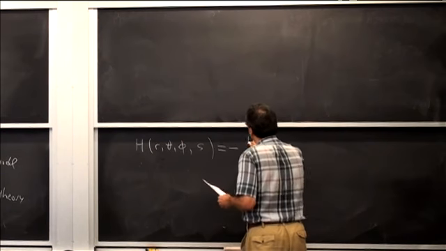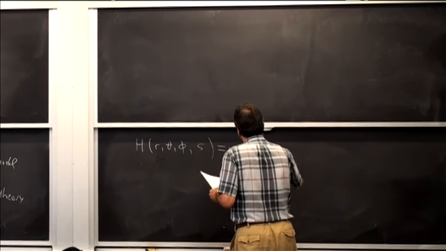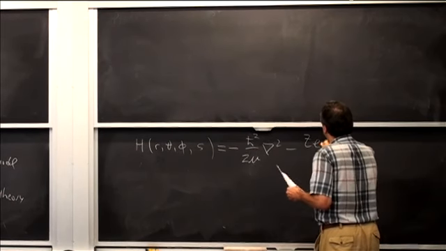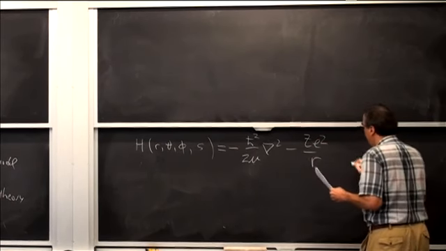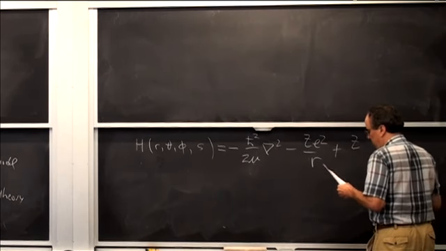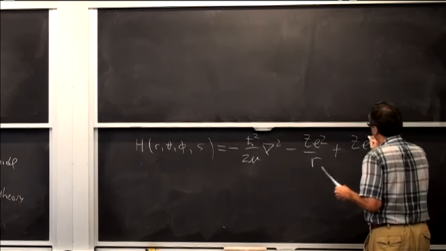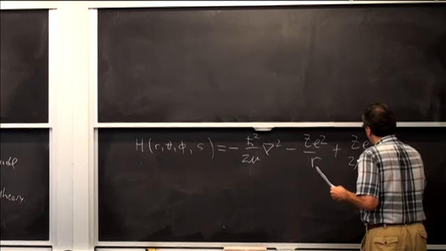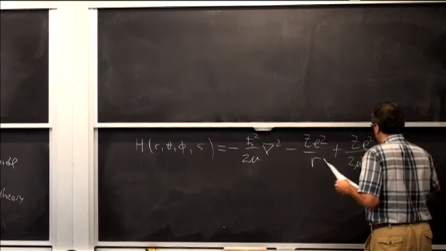And the Hamiltonian is expressed in this way. We have c squared over r cubed to u squared c squared.